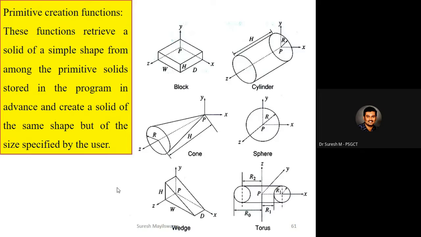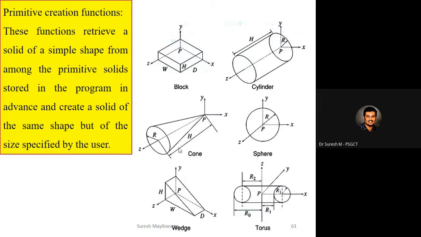So we can take the geometry here, and based on the size proposed by a user, it will be approximated. Considering the cylinder, the base diameter and the height will be proposed by a user, but the shape, the circle of the base and circle of the top, is fixed by the software.